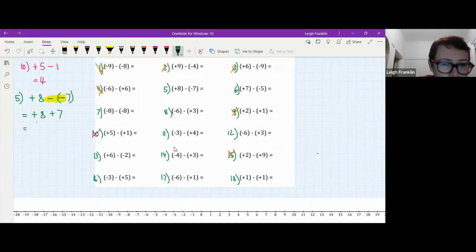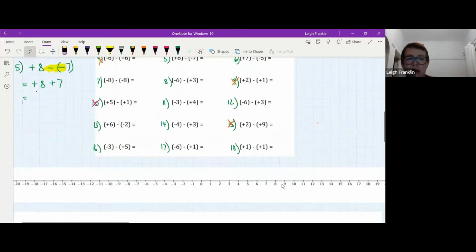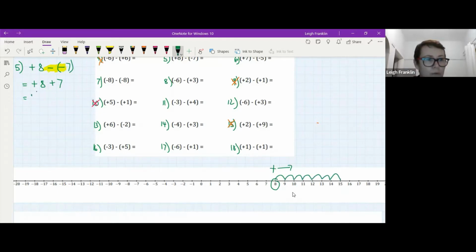Are you sure you're still going to end up at -1 now? No. Where do you think you're going to end up now? 15. Absolutely. Because you're starting here, you're adding, so you're going in that direction, and you're jumping 7 places to the right-hand side. So quite right, you're going to end up at 15.